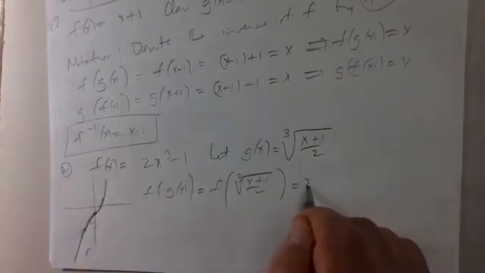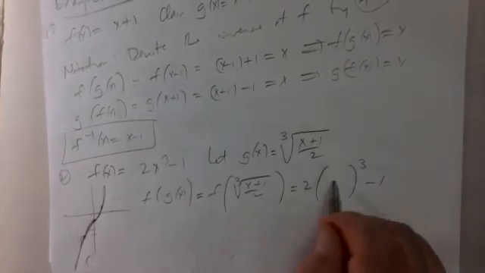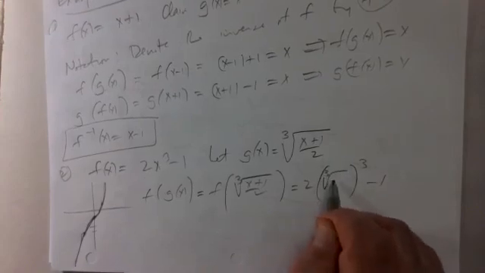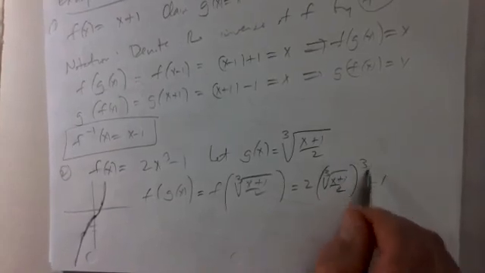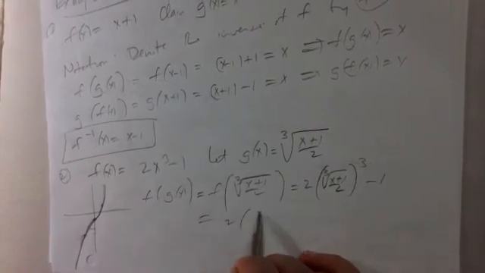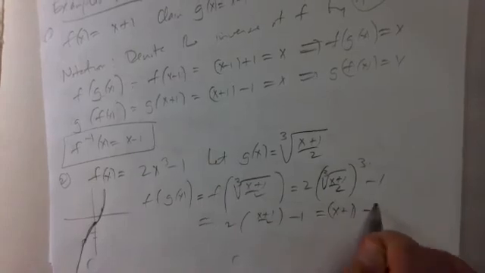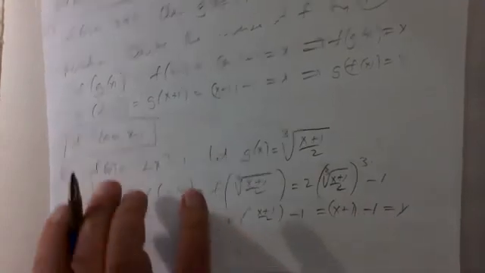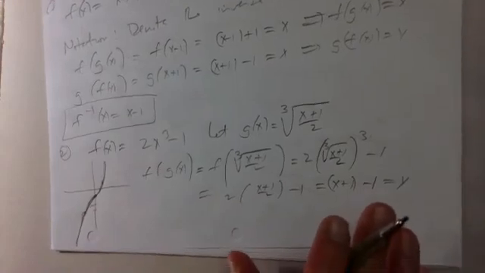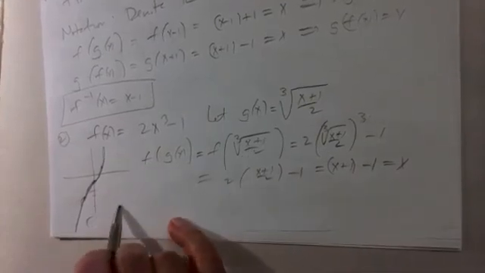It takes 2 times the number cubed minus 1. What we're cubing is the cube root of (x plus 1) over 2. When you cube a cube root, you just get (x plus 1) over 2. 2 times (x plus 1) over 2 is x plus 1, minus 1 is equal to x. So f composed with g is x.